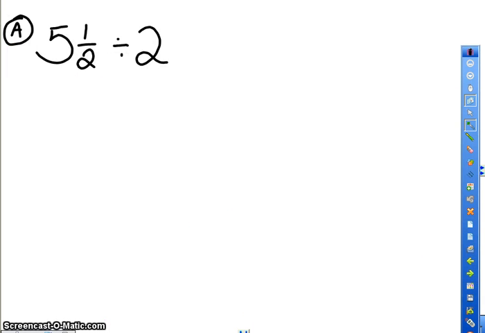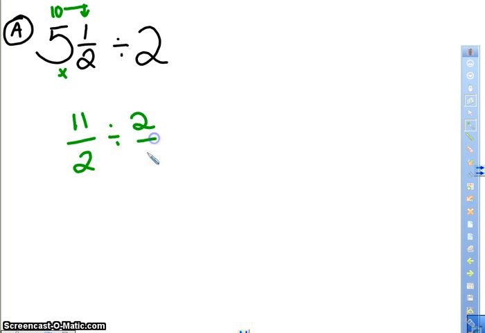Okay. So we're going to do 5½ divided by 2. First step, change your mixed numbers to improper fractions. So I have 2 times 5, which is 10. 10 plus 1 is 11. So it's 11 over 2 divided by 2 over 1.